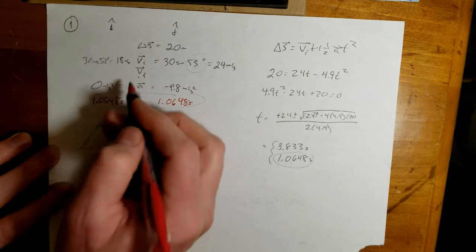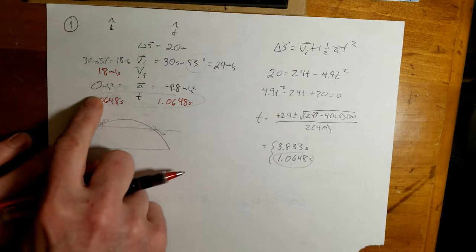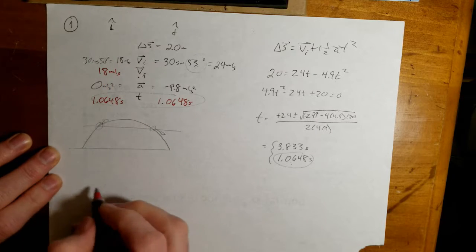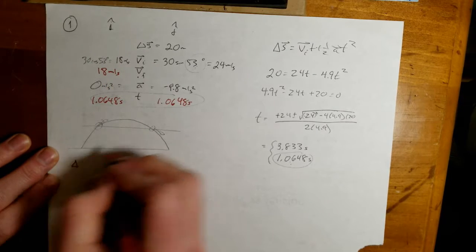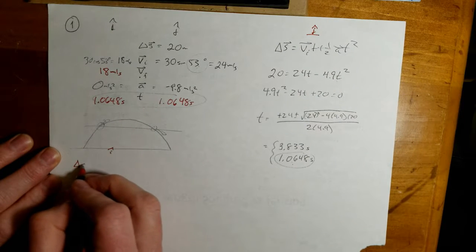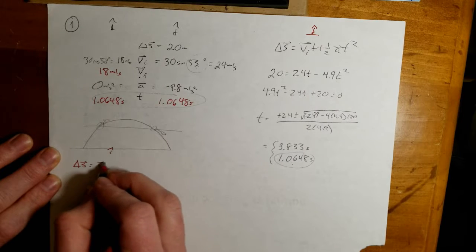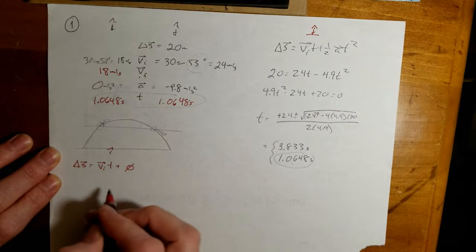Well, I know what the final velocity is going to be horizontally, because the acceleration is 0 horizontally. My displacement horizontally, so this was my j equation over here, my i side over here. Delta S is equal to v_i t plus 0, because acceleration is 0.